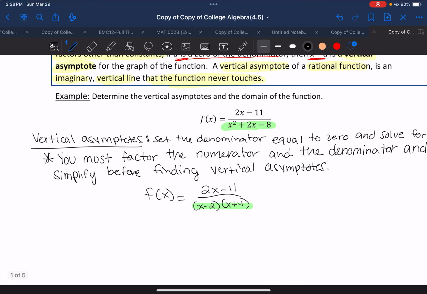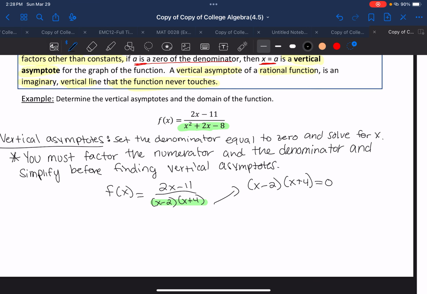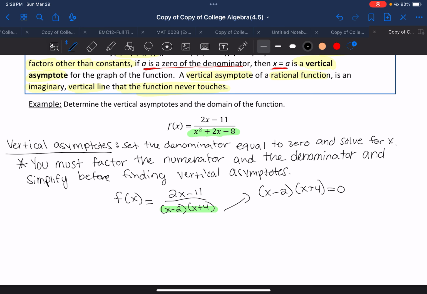So now I will set the denominator equal to 0 and solve for x. I take the x minus 2 times x plus 4 and set it equal to 0. Then of course I would take both of these factors and set them equal to 0 to finish solving.